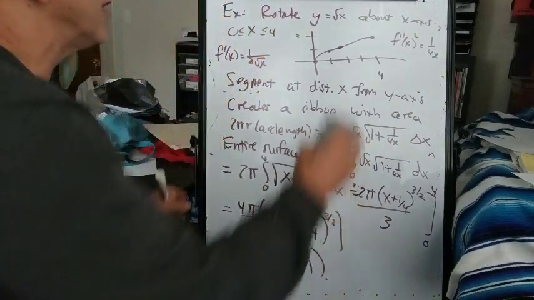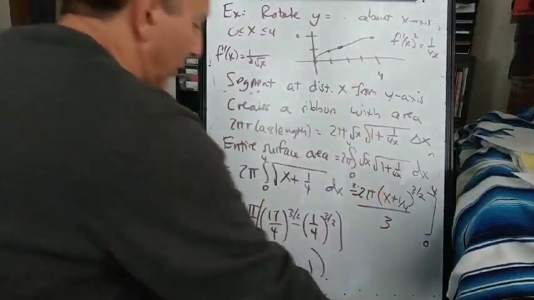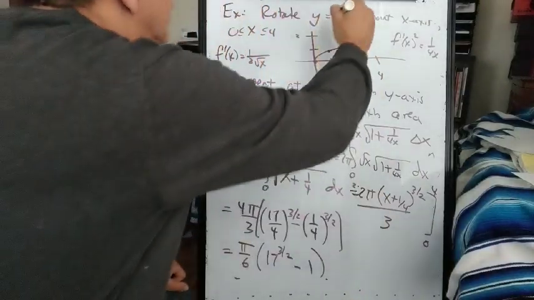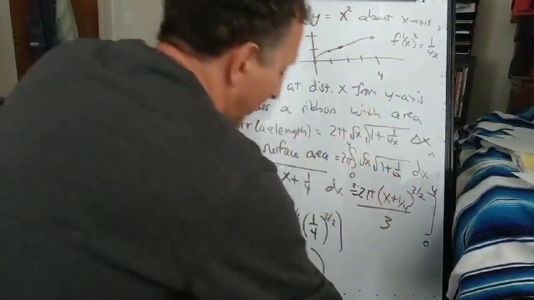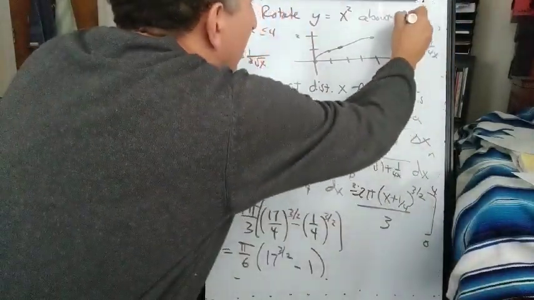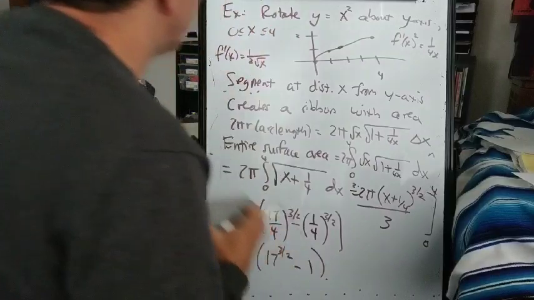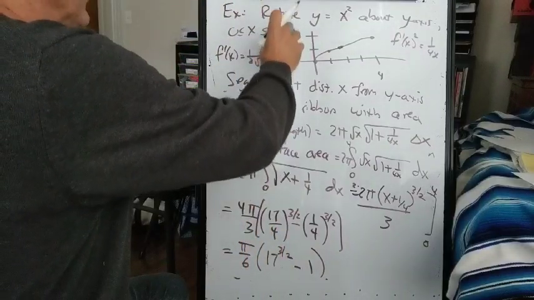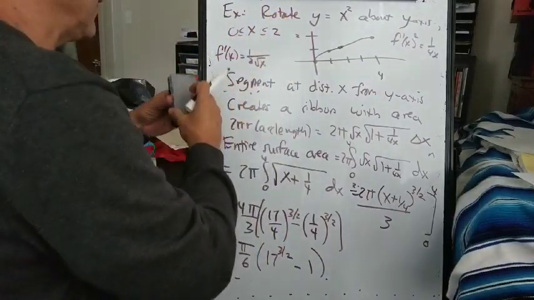So now let's rotate y equals x squared about the y-axis. And let's let x go from 0 to 2 so that we get exactly the same arc.